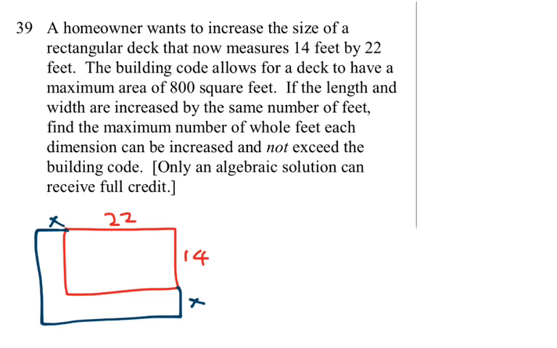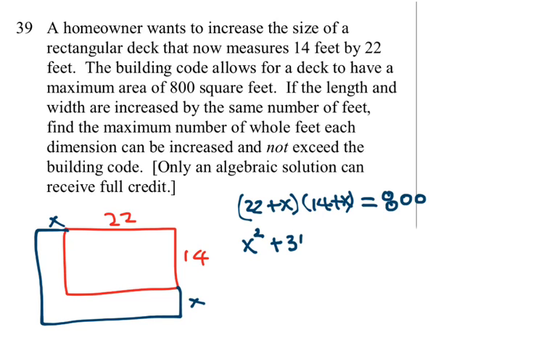So on both sides we get 22 plus x times 14 plus x would have been equal to 800 square feet. That would be the maximum possible. So when I multiply things out on the left side, we get x squared plus 36x plus 308 is equal to 800.